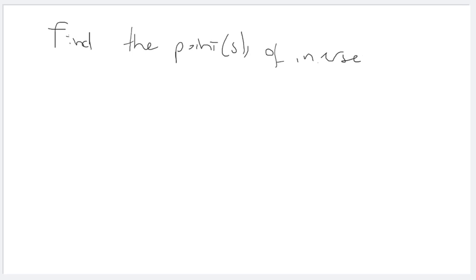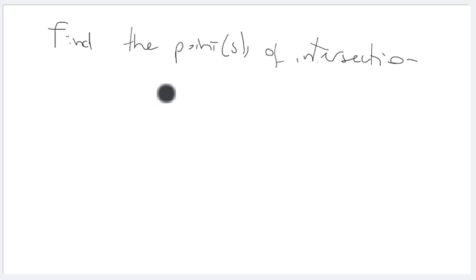The first thing I'm going to write here is: solve the linear quadratic system, or in other words, find the point or point(s) of intersection. And I'll give you 2 equations.